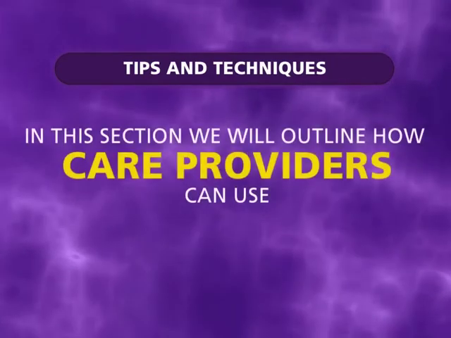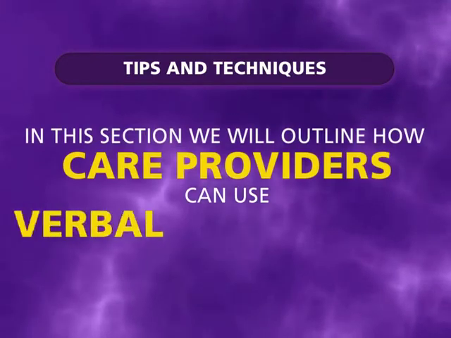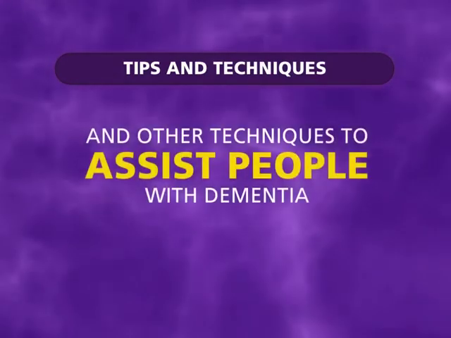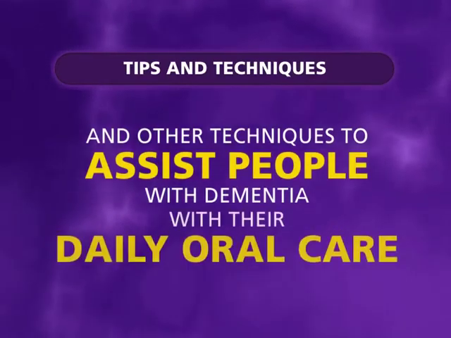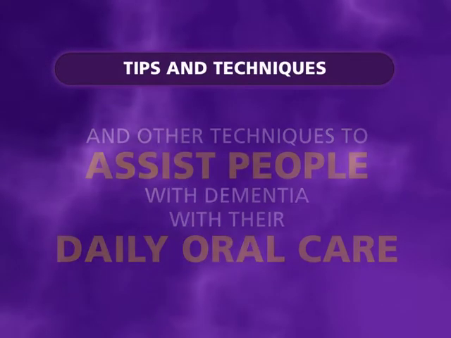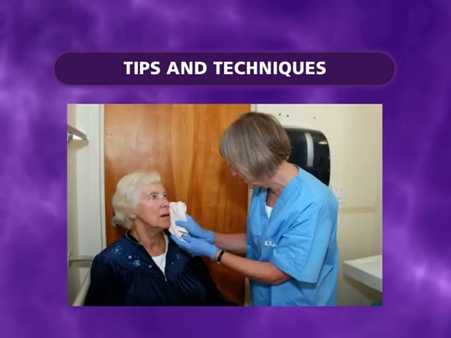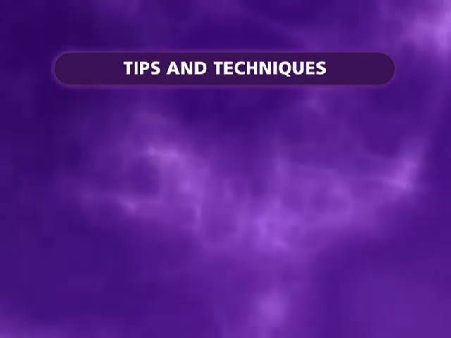In this section, we will outline how care providers can use verbal and nonverbal cues and other techniques to assist people with dementia with their daily oral care. Often people with dementia are perceived as being unable to perform their own oral care.